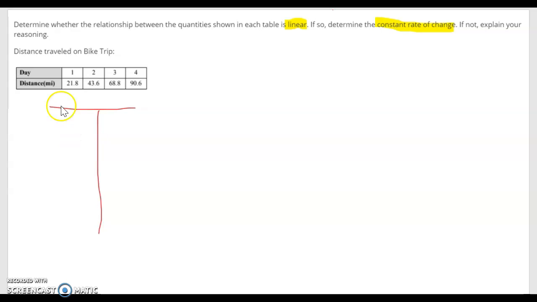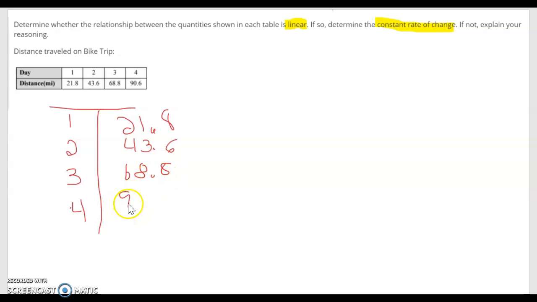I'm going to write 1, 2, 3, and 4. Then 21.8, 43.6, 68.8, and 90.6.